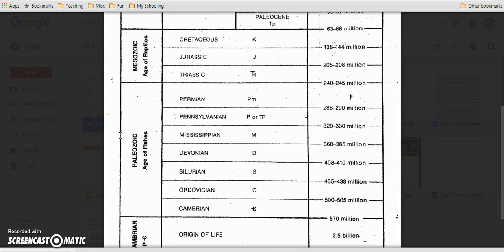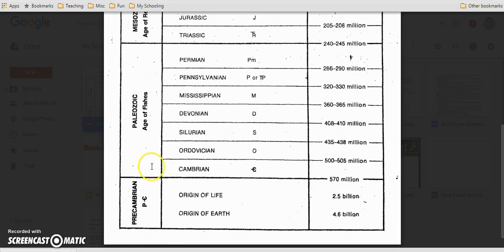Prior to that, the Paleozoic, this is when marine life was really taking off, like life in water was really taking off. So we didn't have much in terms of animals living on land at that time, but there was a lot of life developing in water.